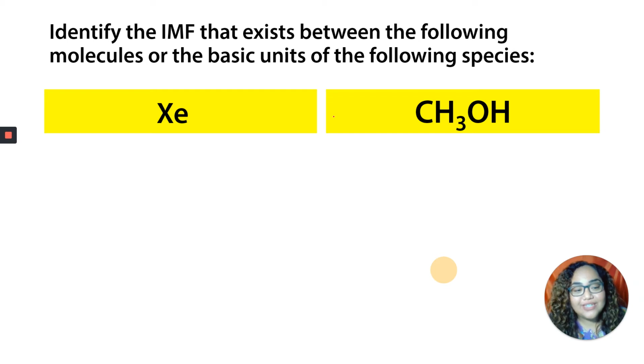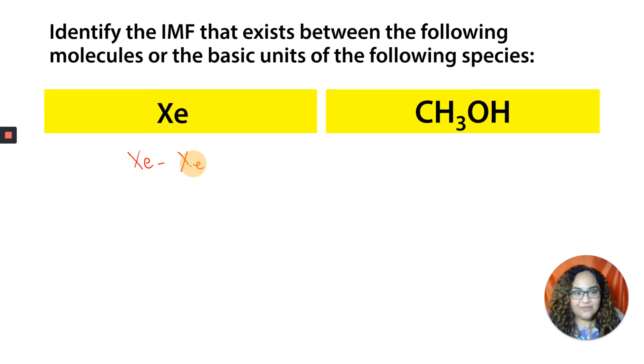So what if a xenon exists? Would that be London dispersion or dipole to dipole? What is it? Because xenon is only one element and it doesn't bond with other ones, or if it ever bonds with another xenon, it will have the same electronegativity.